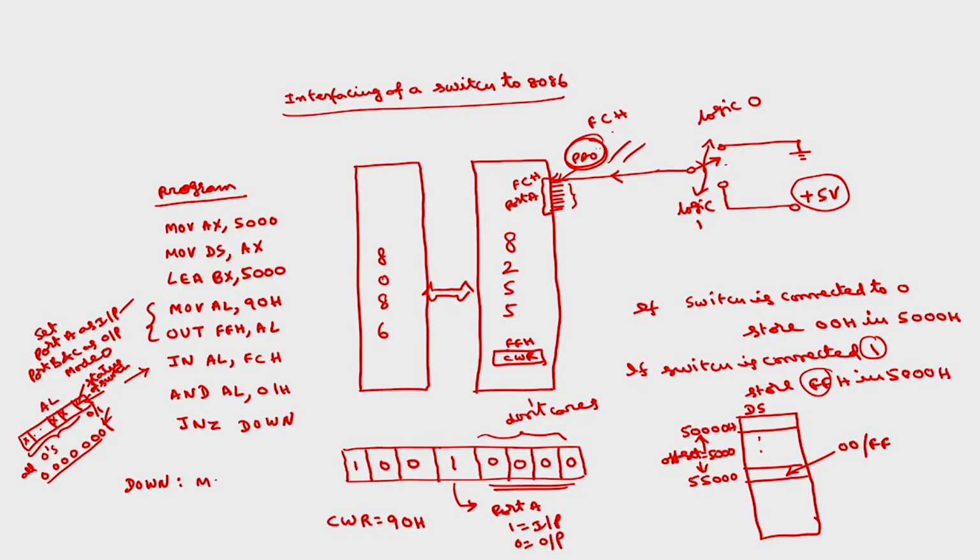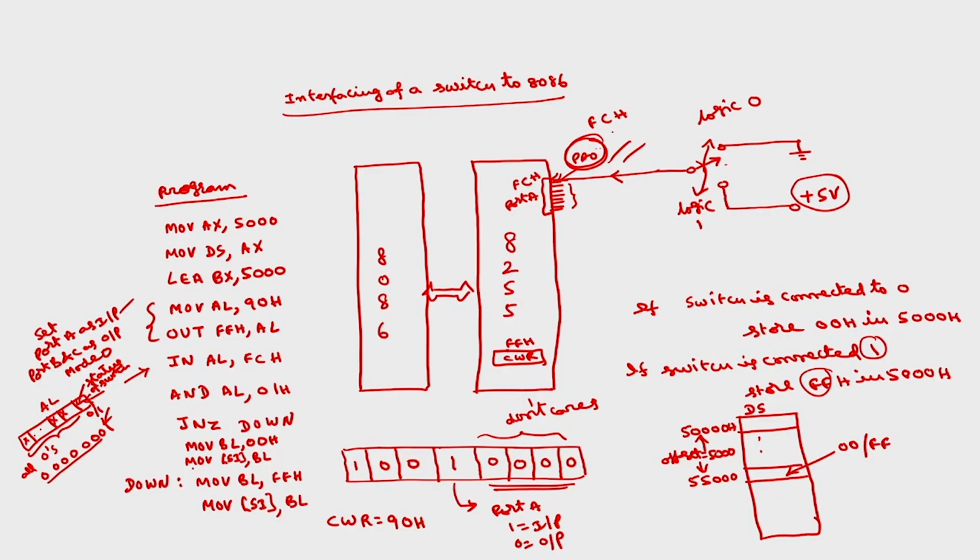For that you take move BL comma FF, and move contents of SI comma BL, so that FF will be stored in the location whose offset is 5000H. If this is false, I have to store 0 0. So for that you take move BL comma 0 0, then move SI comma BL.